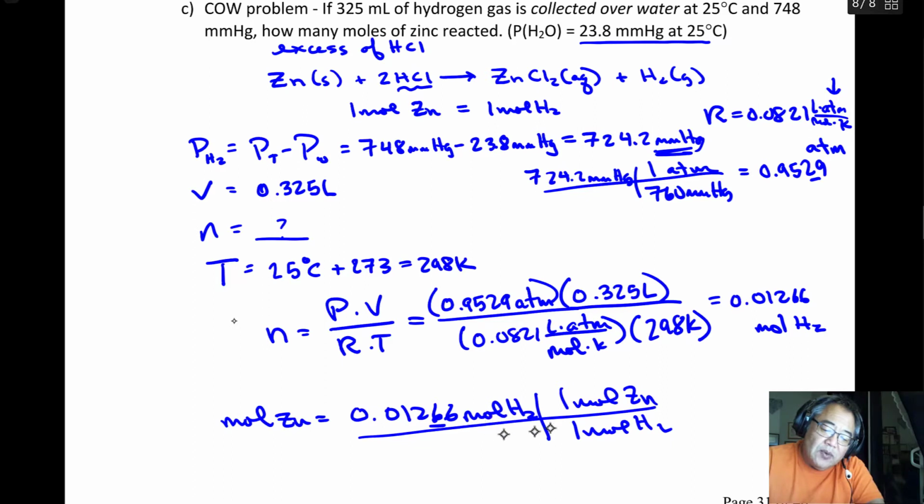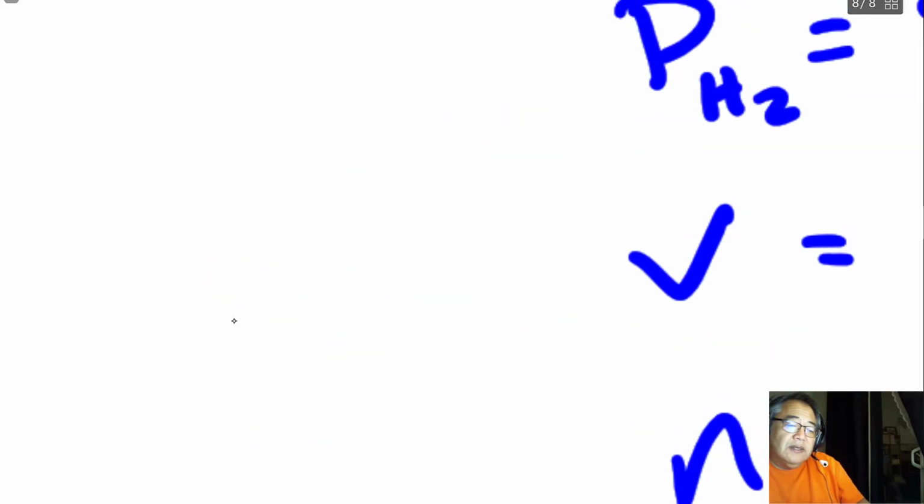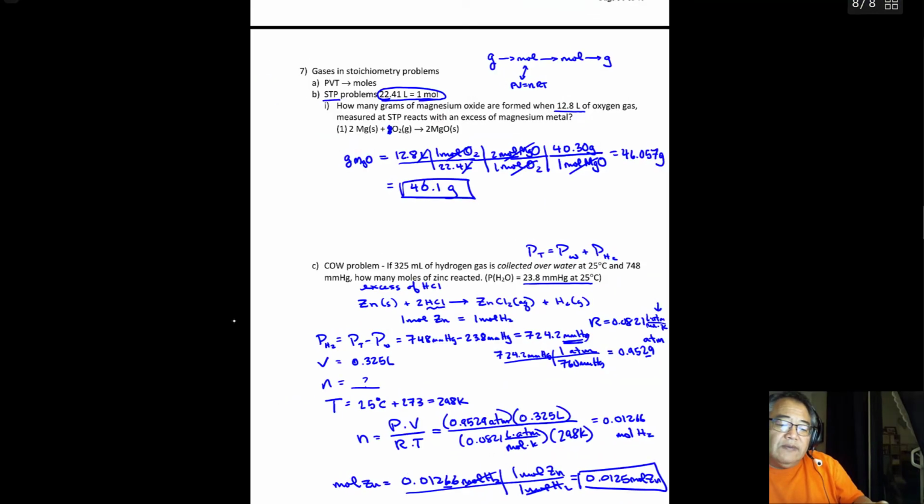And you get the same number, but we switch the units now. We're in moles of zinc. So this is 0.0125 moles of zinc reacted, like that. And it turns out you'll be doing a problem very similar to this one in one of the other labs that we're doing probably this week.